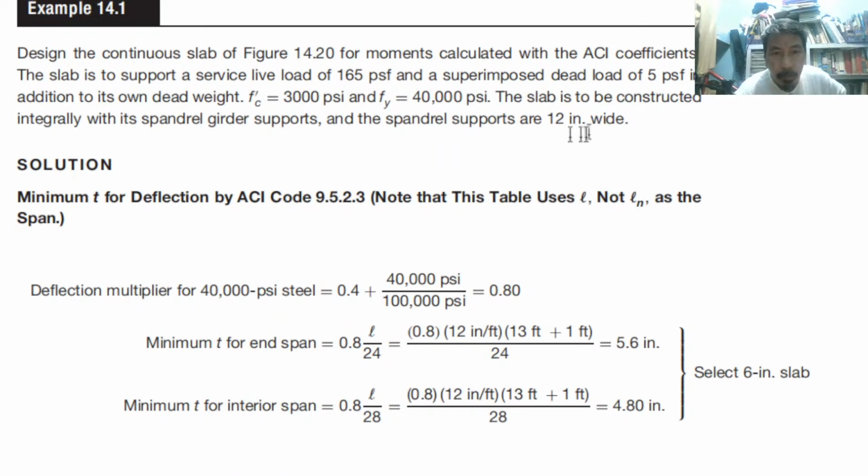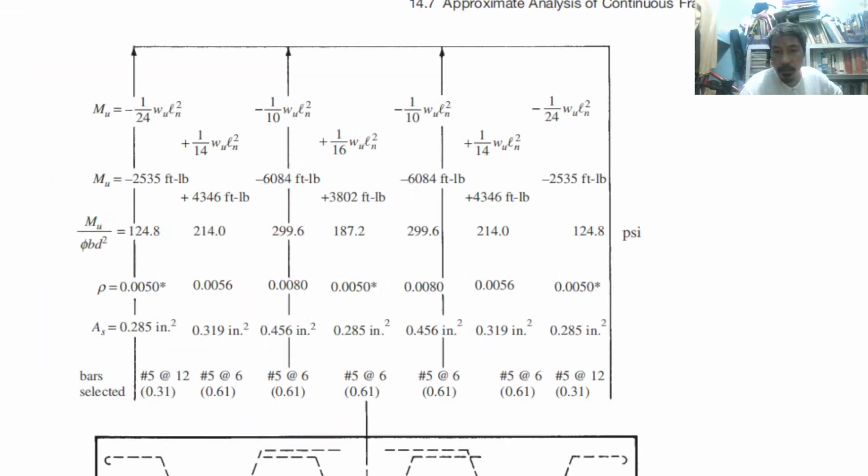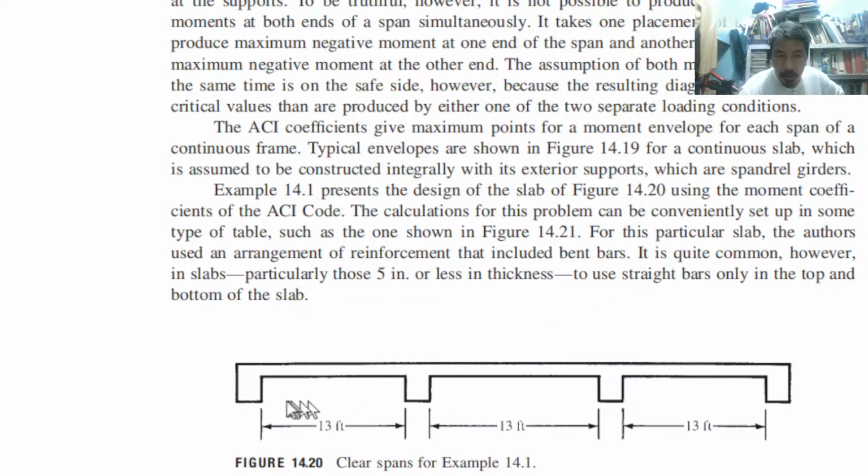So this is 12, 12, 12, and 12. So 12 inches, that is 300 mm. So a very common size of beam width. Okay. Also for column, that is also common.